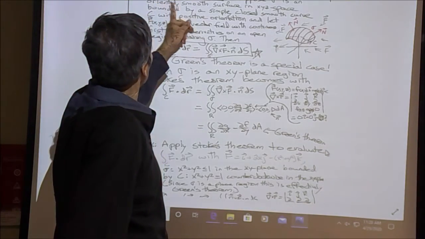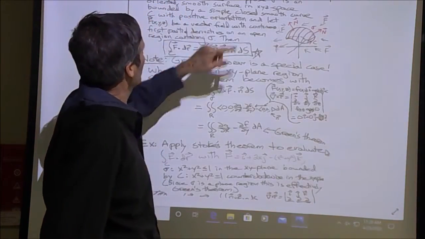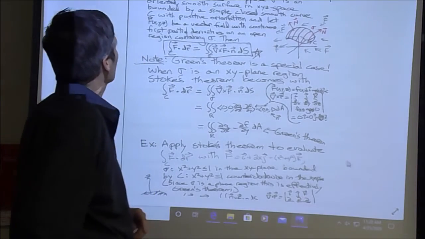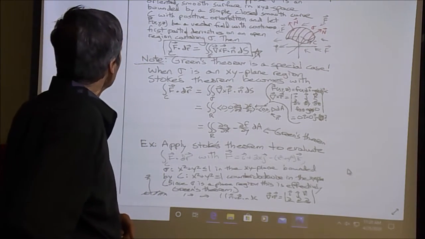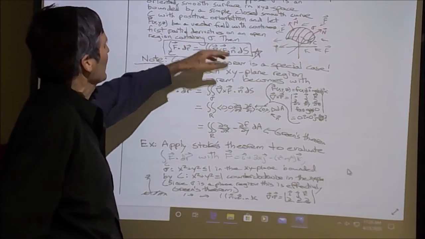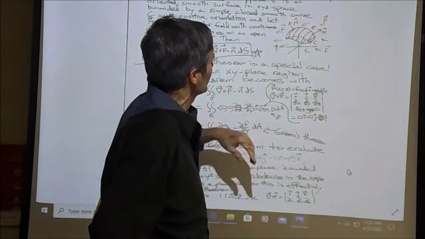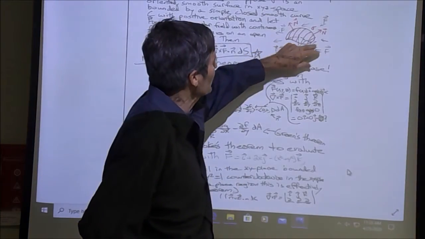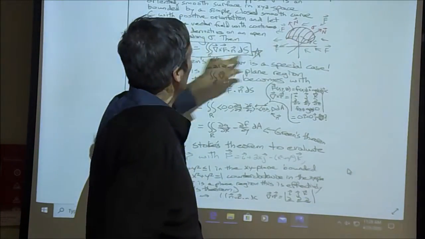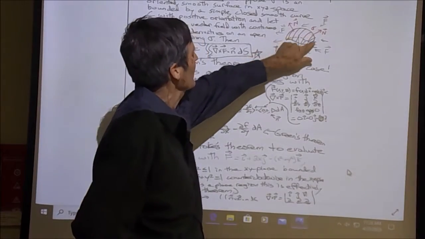So an oriented, smooth surface in XYZ space bounded by a simple closed smooth curve C with positive orientation. And let f of XYZ be a vector field. So here's a vector field, maybe it's the velocity field for a fluid flowing through here. And you want to calculate the circulation, which is this line integral, f dot dr along the boundary. What's the circulation around the boundary?